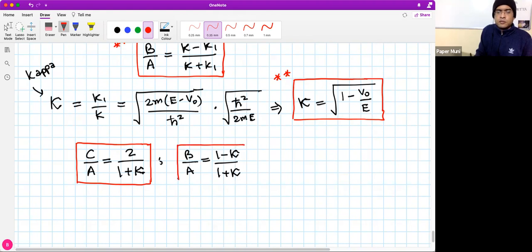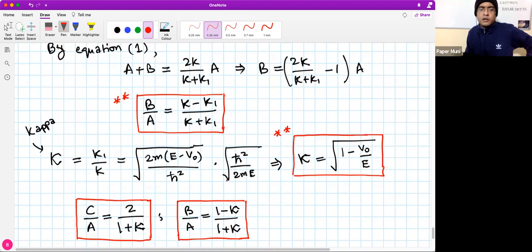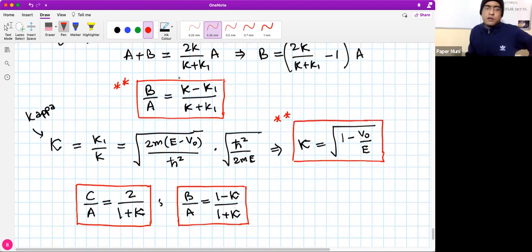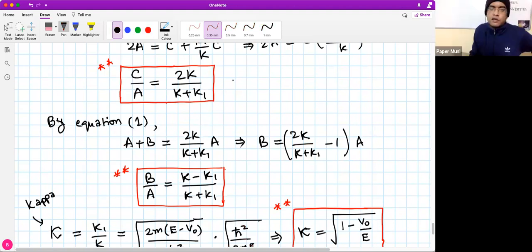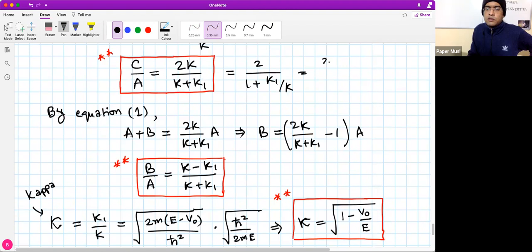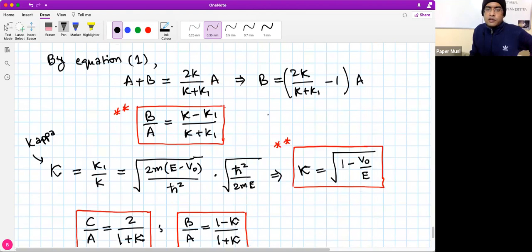Sir, there was a 2k on top, right? Yes, that got cancelled. Take another look, did you write kappa here? Okay, yes, actually divide this, divide numerator and denominator by k. So you can always write this as 2 by 1 plus k1 by k, and this converts to 2 by 1 plus kappa. And in this case also, if you divide, you have 1 minus k1 by k, and you have 1 plus k1 by k.